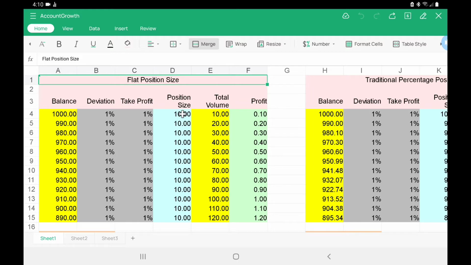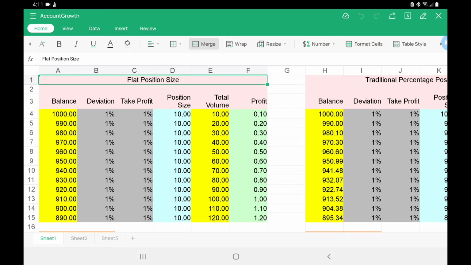That is, the original balance per coin is $1,000. 1% of that is a fixed rate of $10. So if you have $10,000 in your account and you're only trading 1 coin, it is still going to be limited to just that $10 position based upon the original premise of the $1,000 budget.